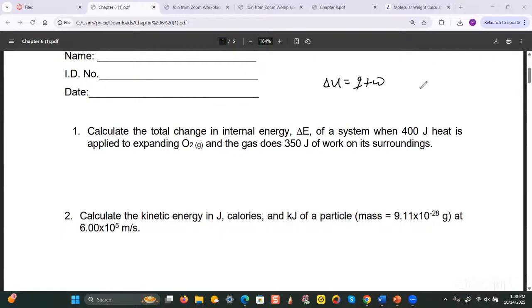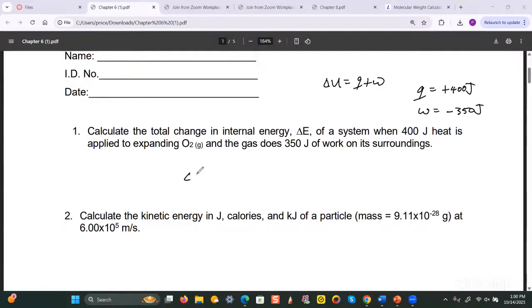Okay, so in this particular question, look at how the question is worded. And I want you to tell me, firstly, what is Q equal to? Positive 400 joules, correct? And what is W equal to? Negative 350. Exactly.